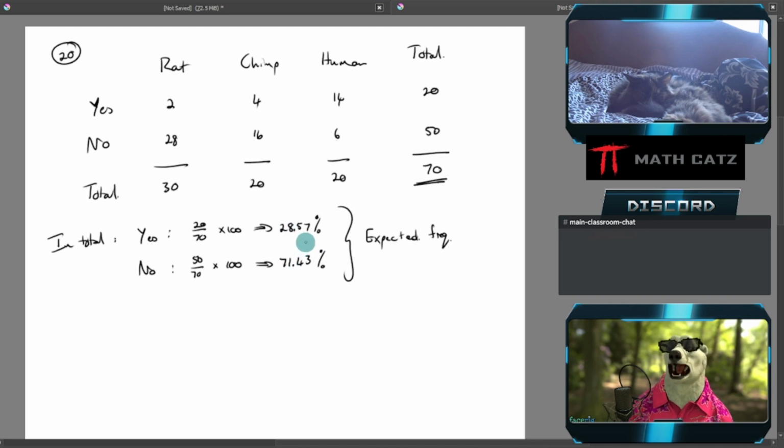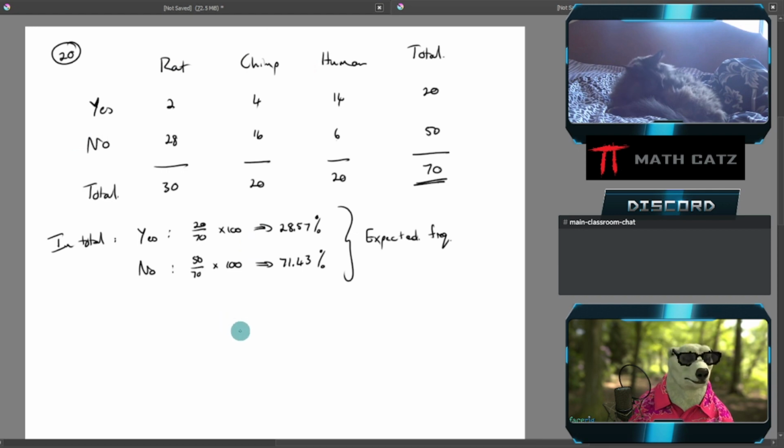Roughly, it's not going to be precise, almost 30% should be able to learn the task, and almost 70% should not be able to learn the task. If there is a significant deviation from these expected percentages or frequencies, then some species are behaving differently from others, and the ability to learn the task somehow depends on the species type.